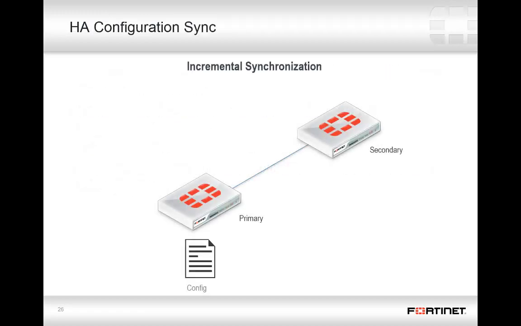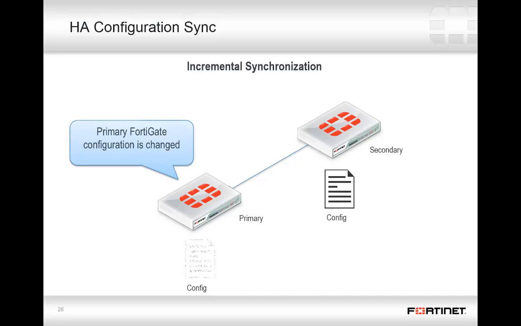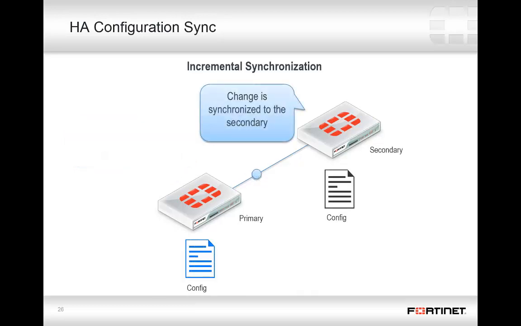To prepare for failover, HA keeps configurations in sync. Let's study that now. FortiGate HA uses a combination of both incremental and complete sync. When first establishing the cluster, the primary compares all configurations. If any doesn't match, it uploads its complete configuration to that secondary.